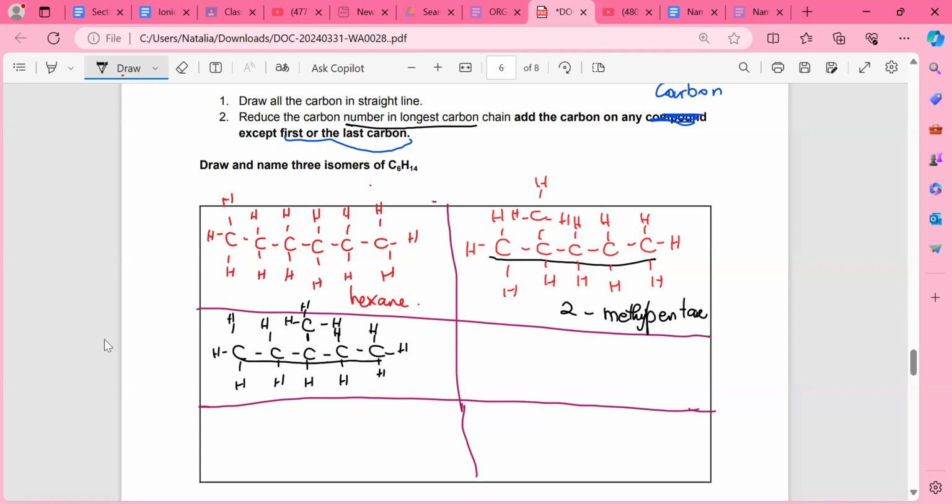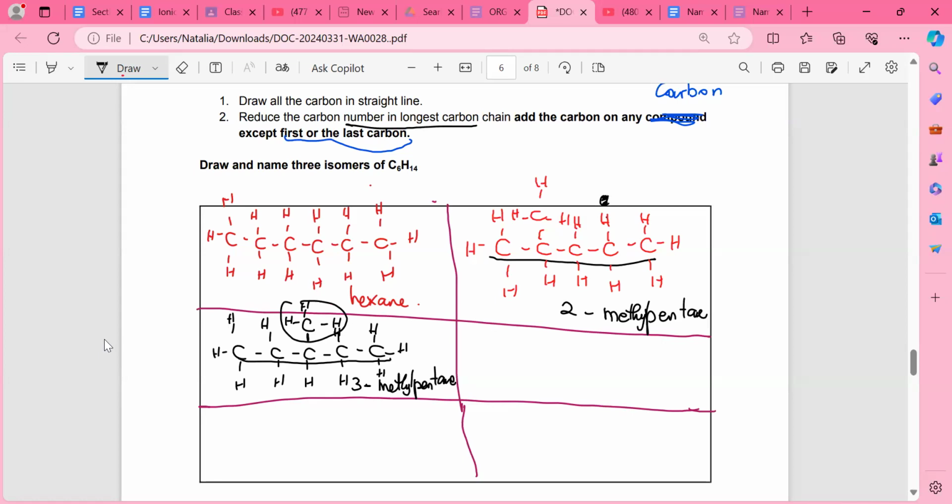Longest carbon chain, 5, so it's pentane. I have a methyl substituent, and that methyl is on the third carbon. If I put it on this carbon, it's still the second carbon.